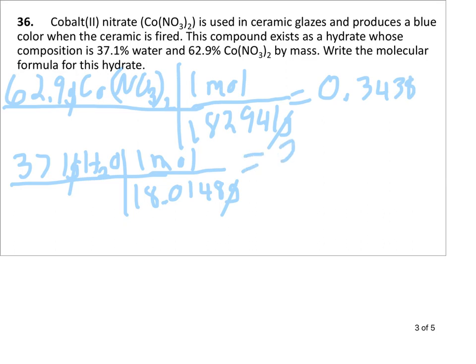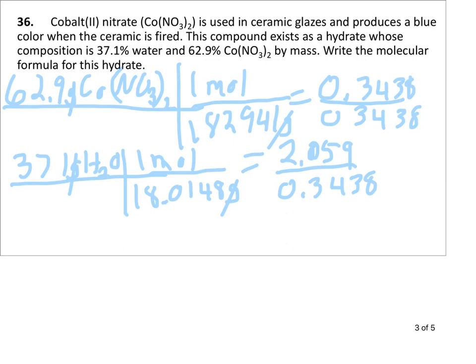And that gives us 2.059. Again, divide by the smaller one. Divide by the smaller one. And we get 1 up here again.